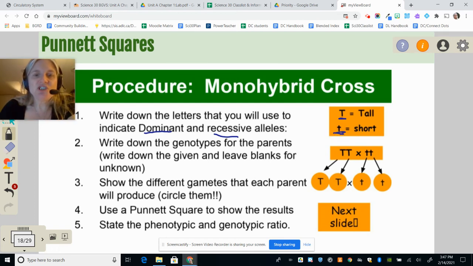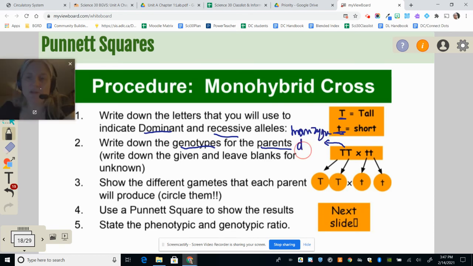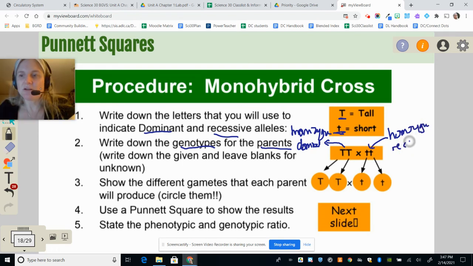Then you write down the genotypes for what the parents have. So if they call this a homozygous dominant, that's what it would look like. And this would be your homozygous recessive parent.